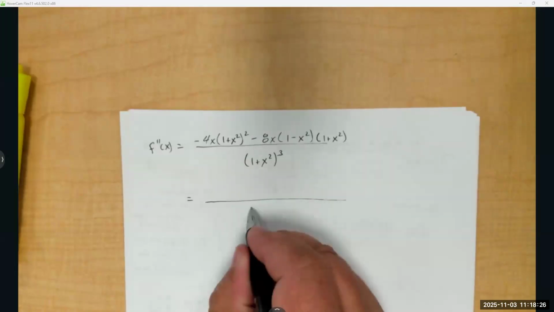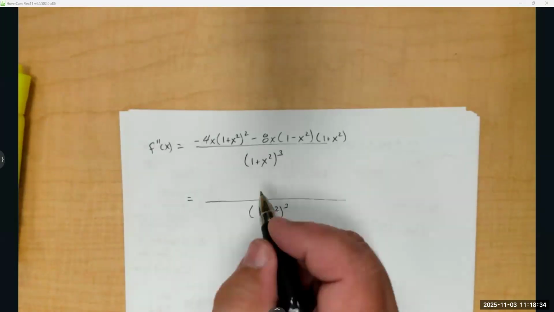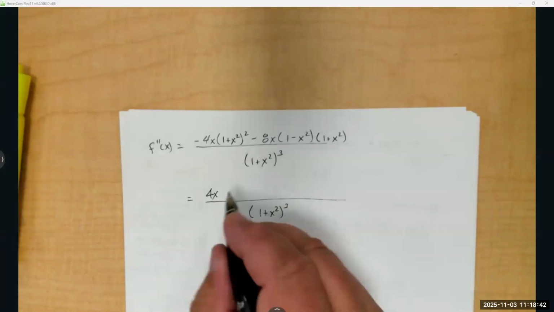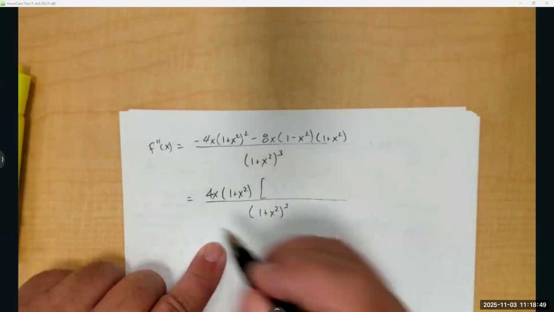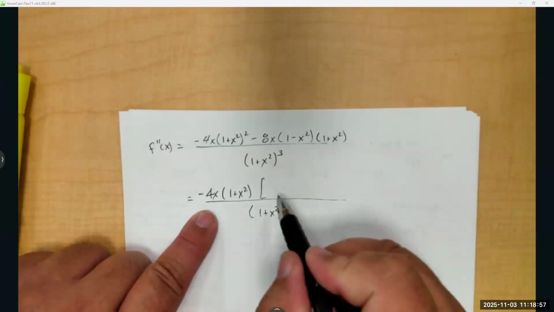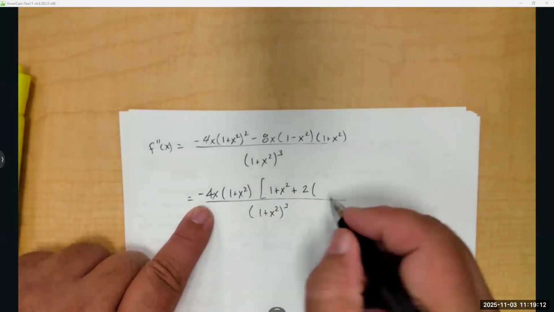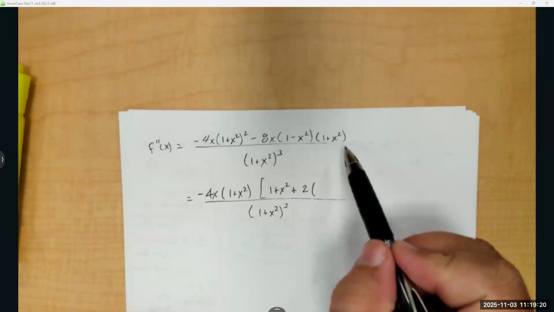So on top, what do we have in common? We have a 4x and a 1 plus x squared. We'll take out the negative.